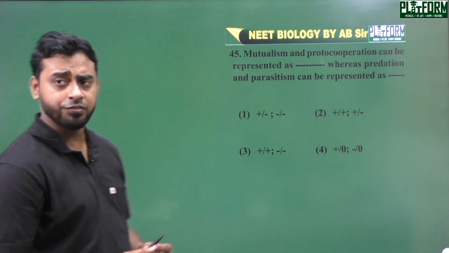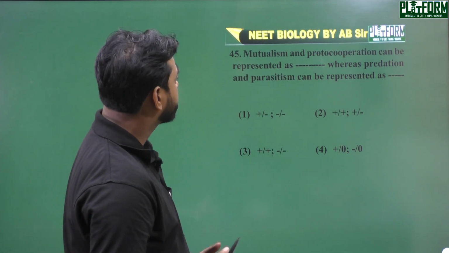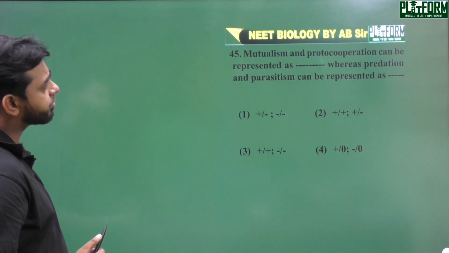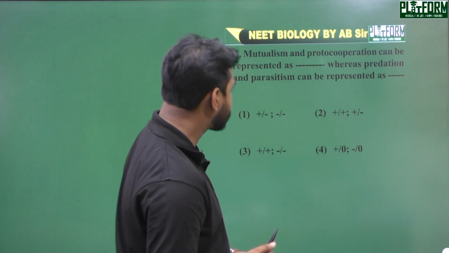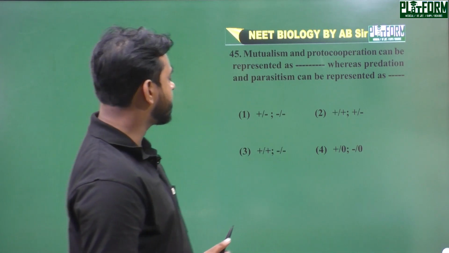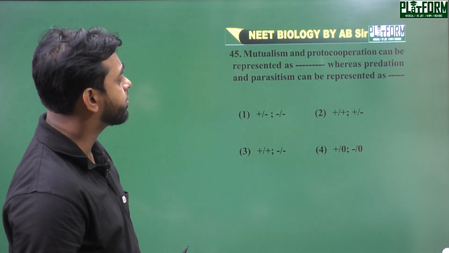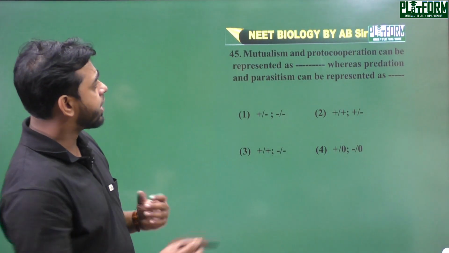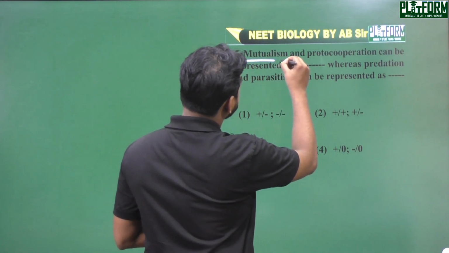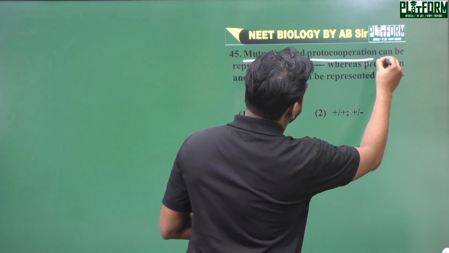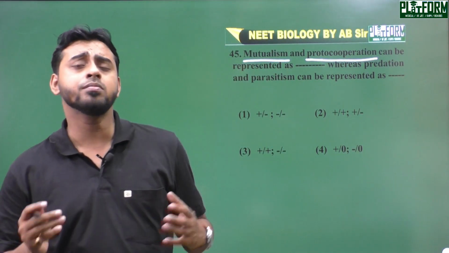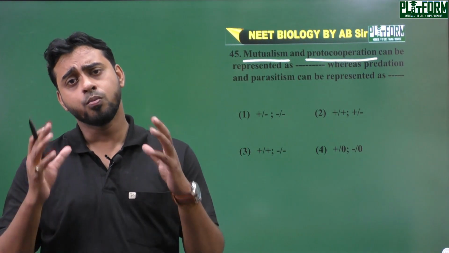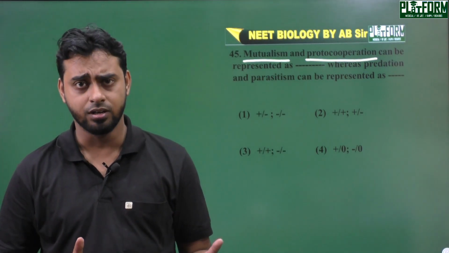Okay, question number 45. It is given that mutualism and proto-cooperation can be represented as dash, whereas predation and parasitism can be represented as dash. Now, we know that in case of mutualism and proto-cooperation, both the members involved in this type of association get benefited. Fine.